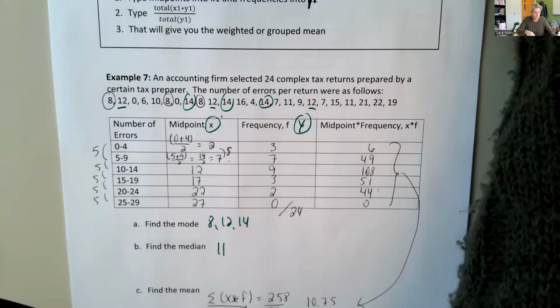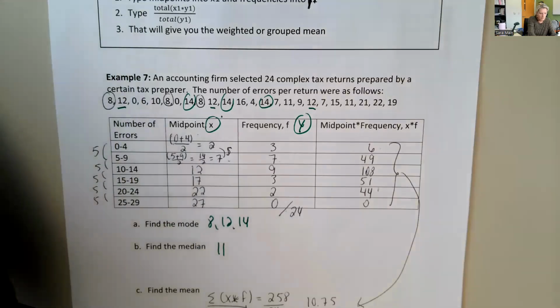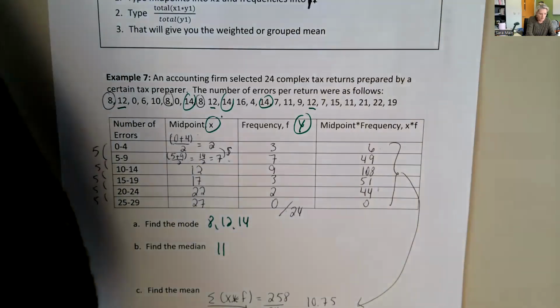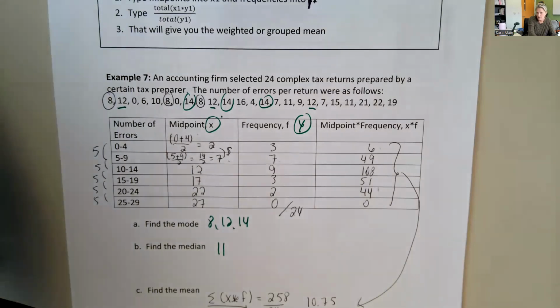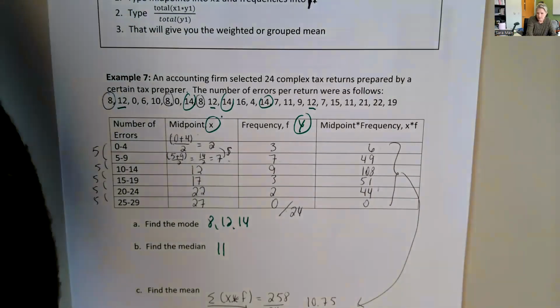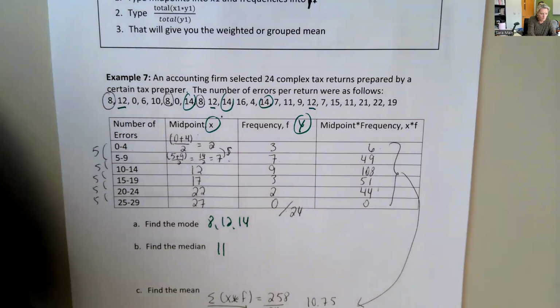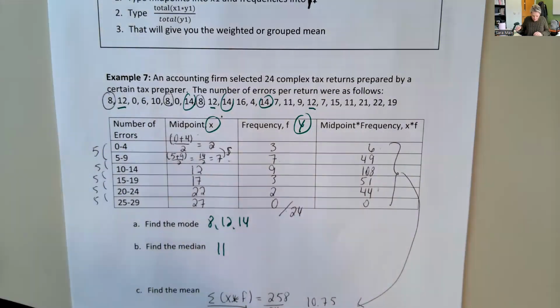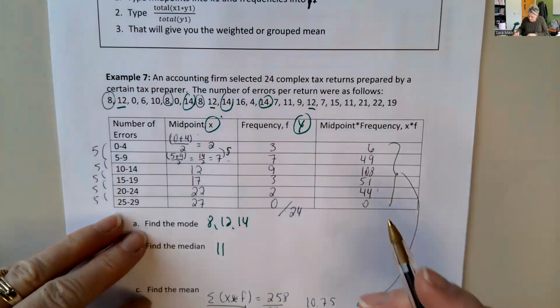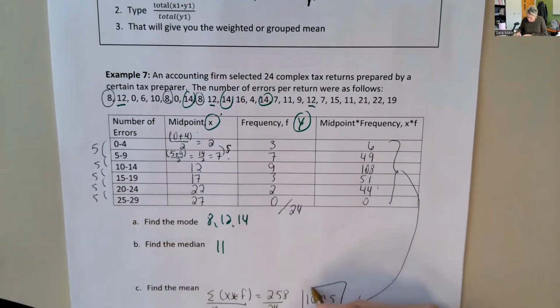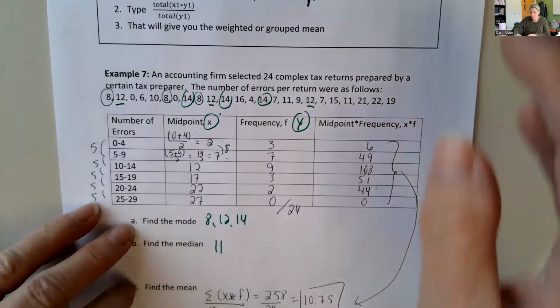And then I'm going to say total of X4 star Y4 divided by the total of Y4. And that gives me a weighted or grouped mean of 10.75, just what we calculated by hand.